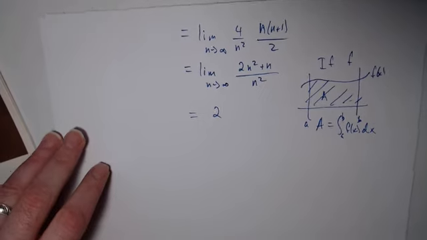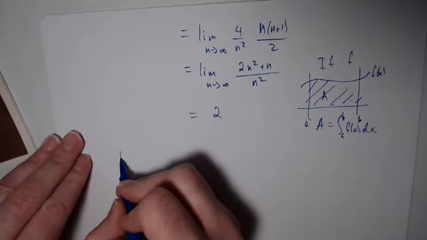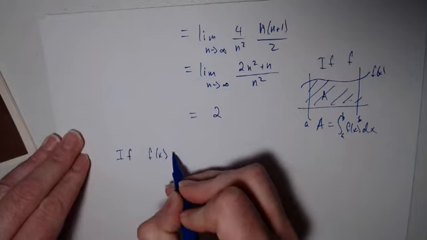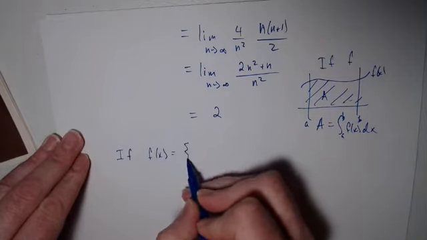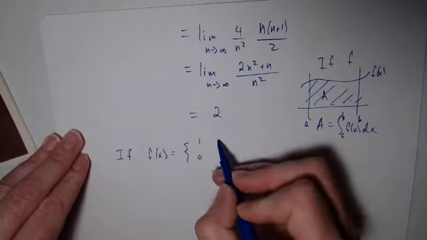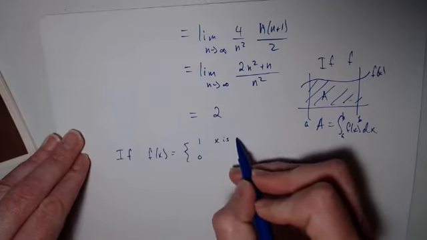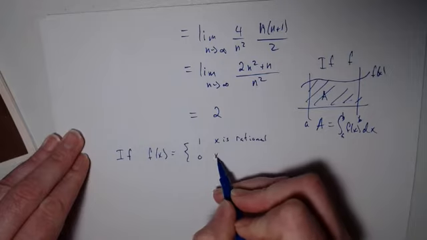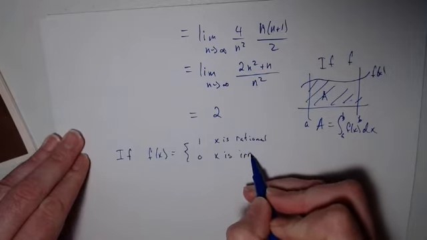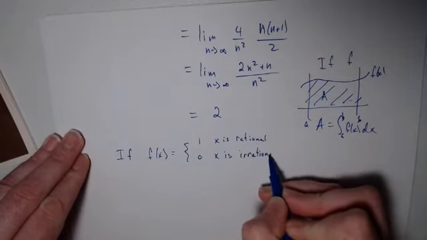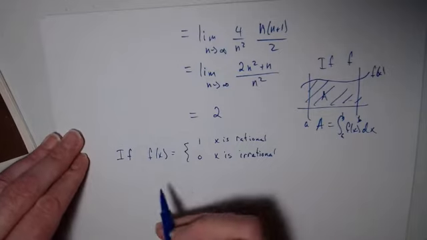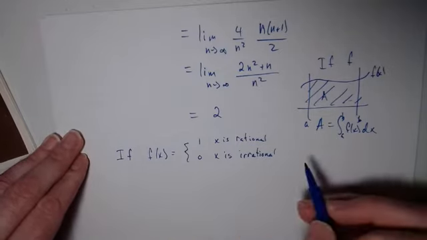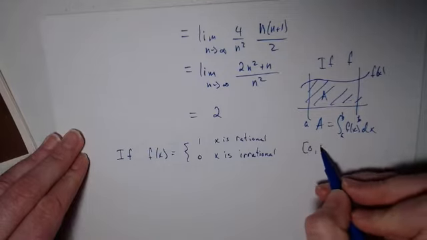All right. Let's see what happens when it doesn't work. So if f of x equals 1 if x is rational, and 0 if x is irrational, then we can pick our same partition here on the interval 0 to 1.